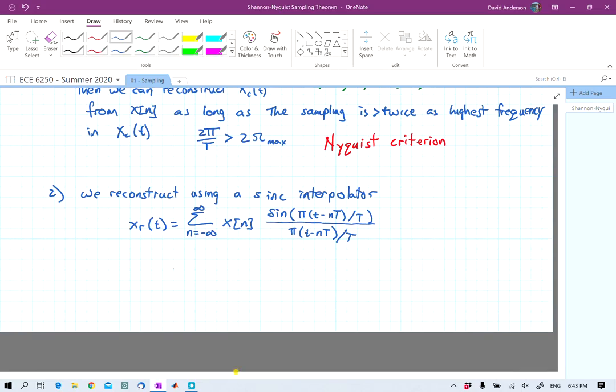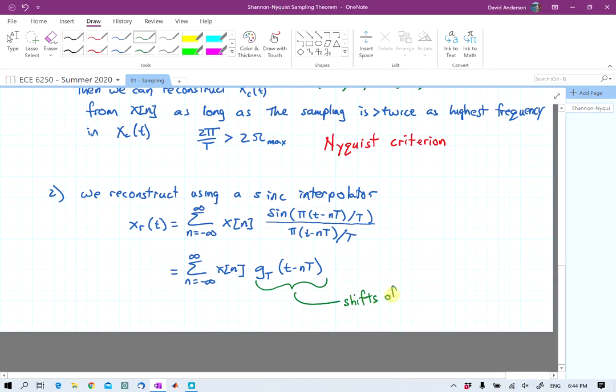And often, in fact, I'm going to write this slightly differently because we're going to explore other functions for reconstruction. And so we'll do g of t minus nT. So this is a shifted version of the sinc function.